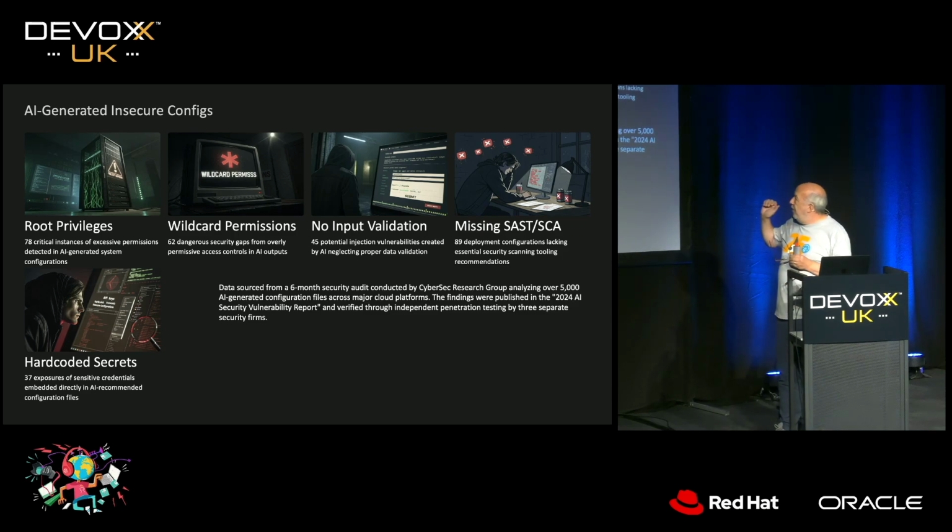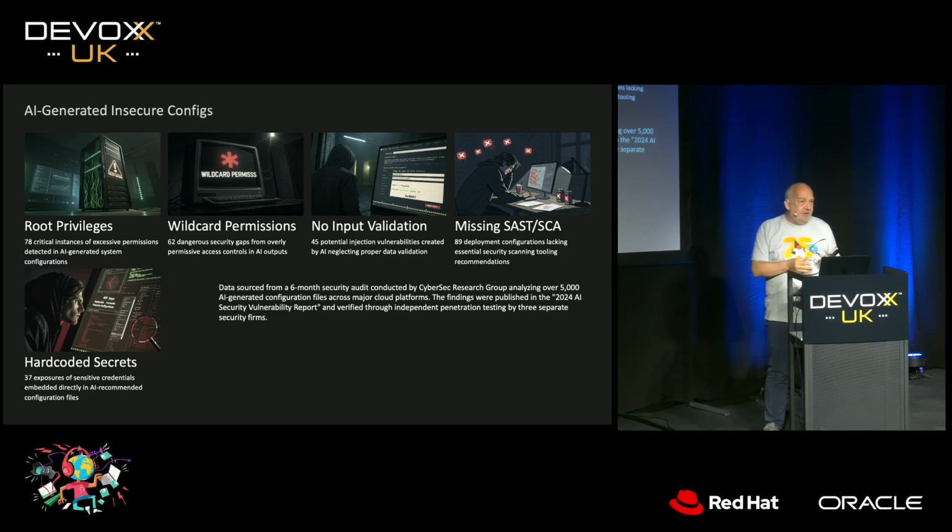Anyway, there have been several analyses of code that's been generated by AI, because we want to know how good it is. And so there are a couple of studies, which have been proven by other people doing the same thing, which talk about when you generate a config file, how secure is it? Well, you can see the words. Root privileges.